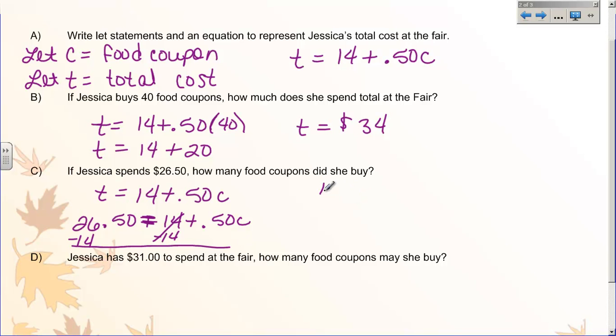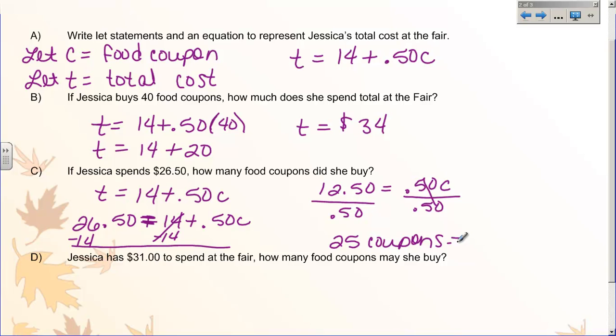Which is $12.50. And each coupon was 50 cents, so I'm going to divide by 50 cents to figure out how many coupons she bought. And she bought 25 coupons. So in this case, we just work backwards.